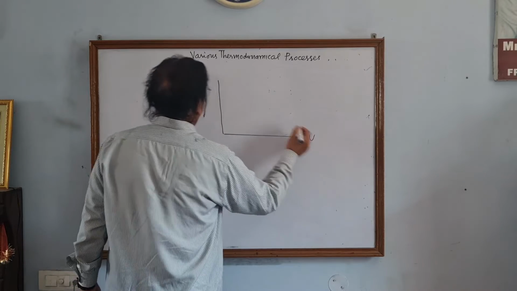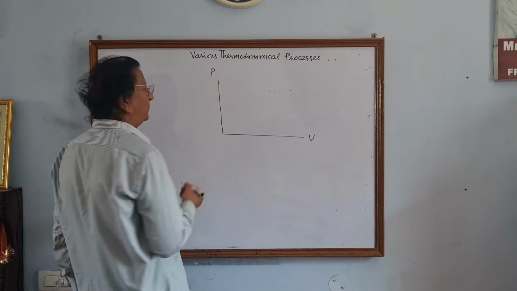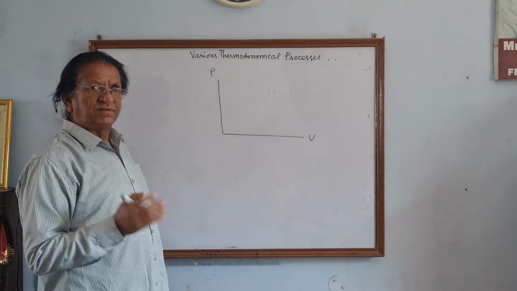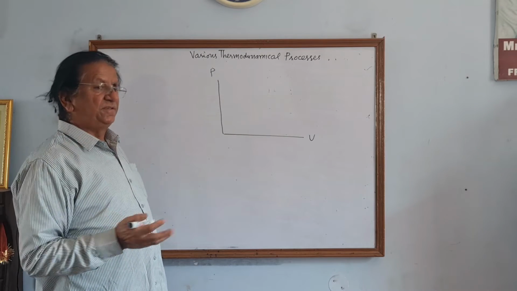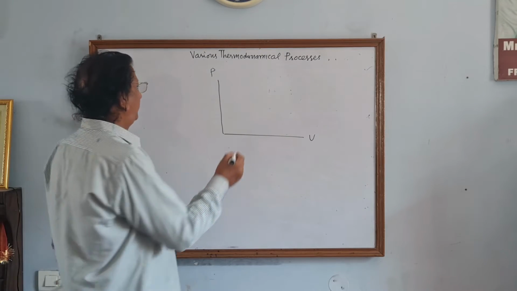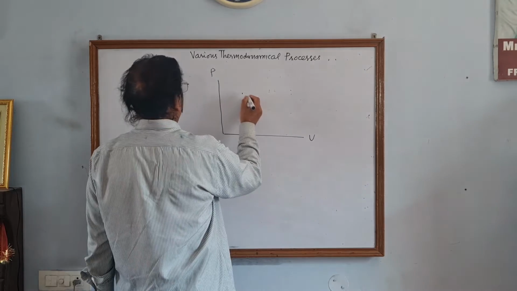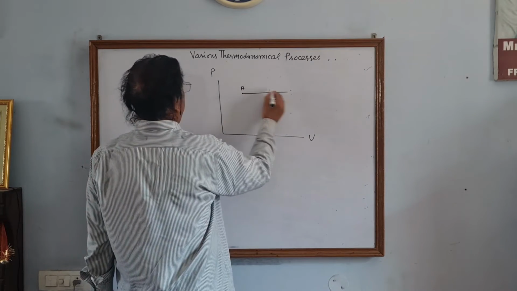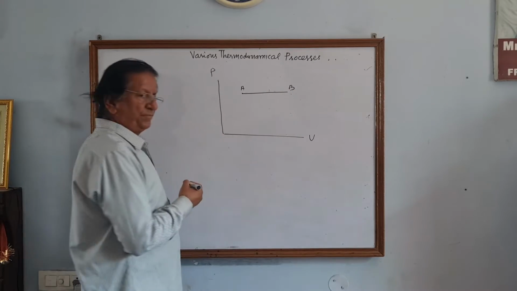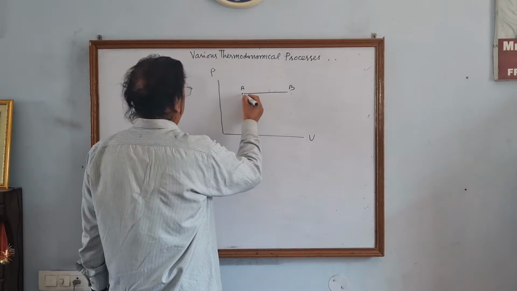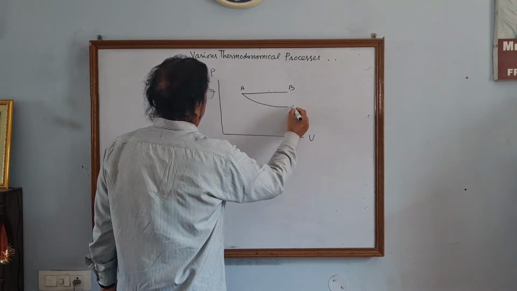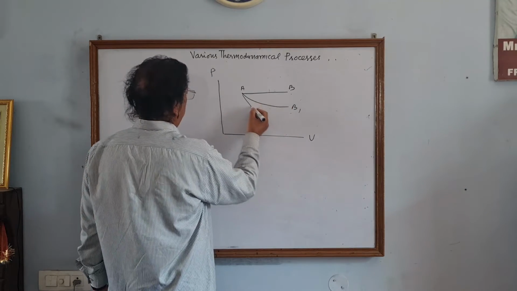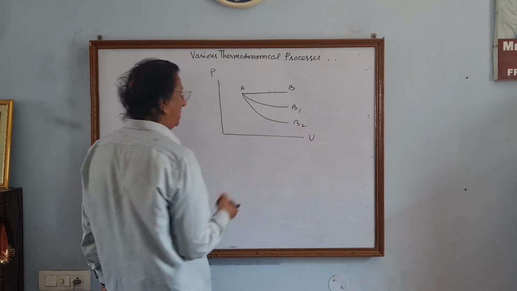That is a PV diagram for three different processes. The first process is indicated by AB. Second is shown by AB1. Third by AB2.